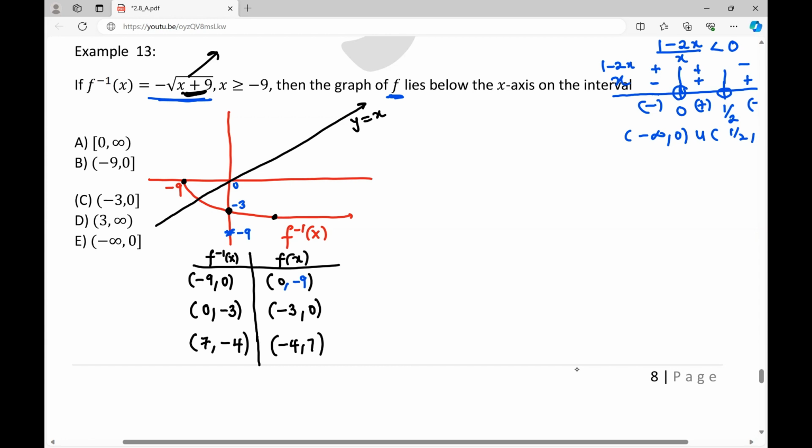Because if x is 0, put 0 here, you have minus 3. Then 0 and minus 3 becomes minus 3 and 0. If this is minus 9, minus 3 should be somewhere here. So this is minus 3, 0. And we also have minus 4, 7. If this is minus 4, somewhere close, it's going to be up here.